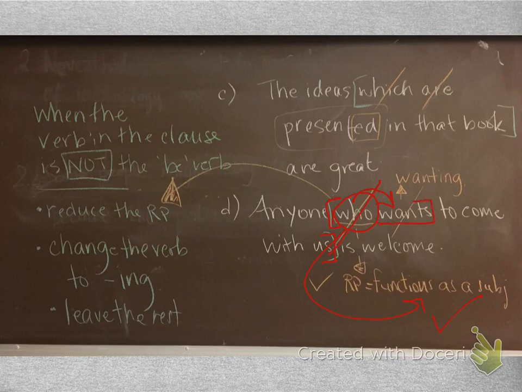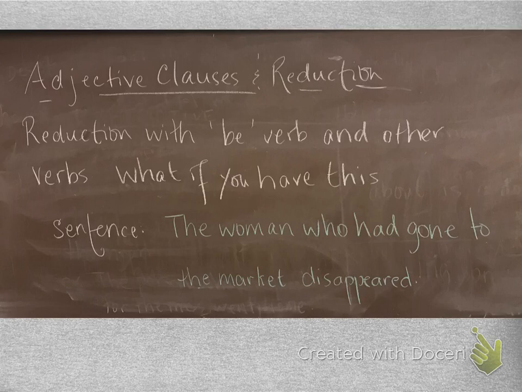It's not the be verb this time. So we change it to ing, and then we leave the rest. What are we going to do with this one? Reduction with the be verb and other verbs is what we looked at today.